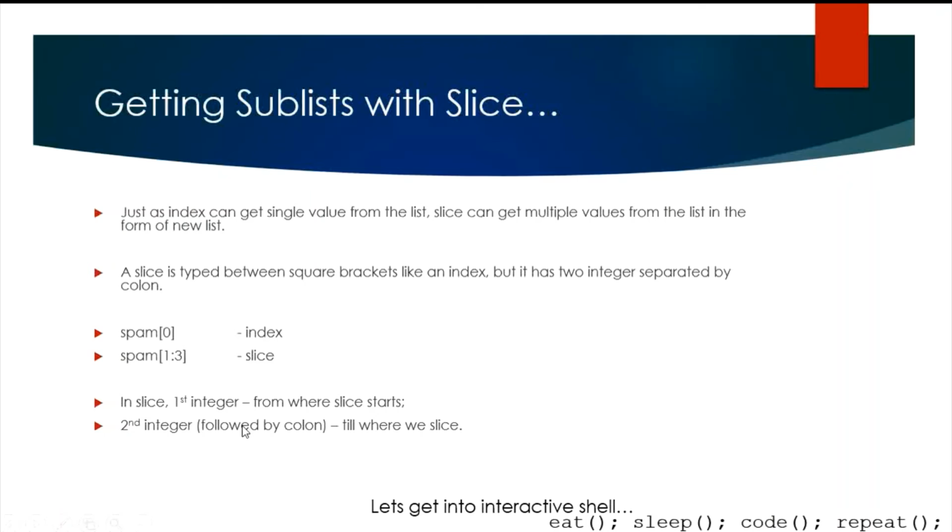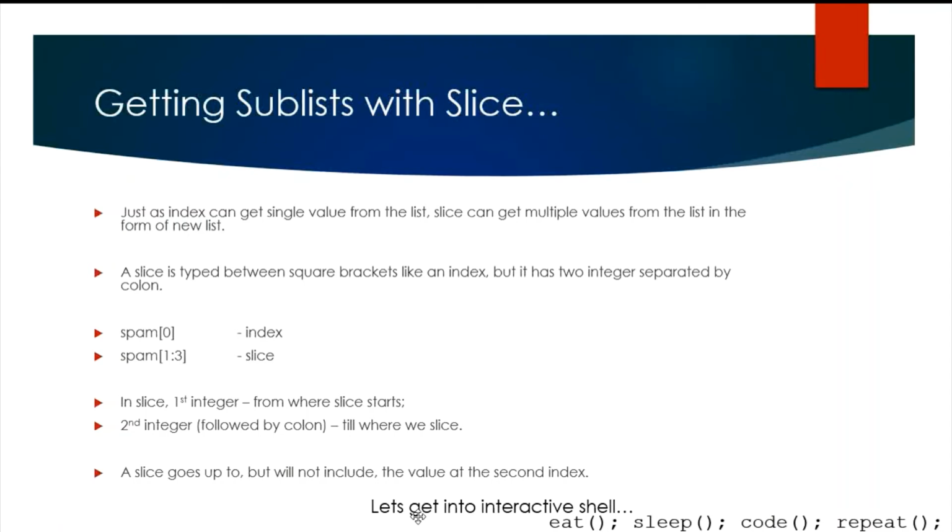The first integer is the start of the slice, and the second integer, followed by a colon, is where we slice. One thing to remember: a slice goes up to but does not include the value of the second index. I said this for strings also, and it is a very important point. The second value is not included; it is the value minus 1.